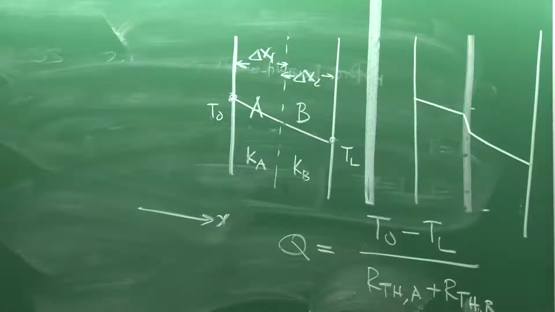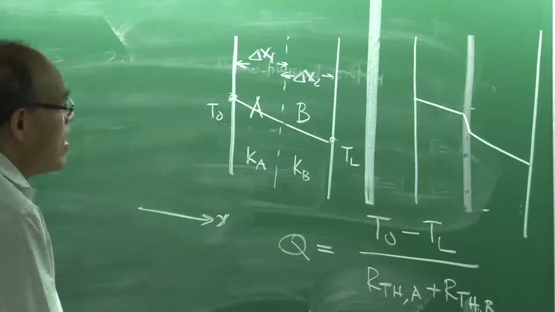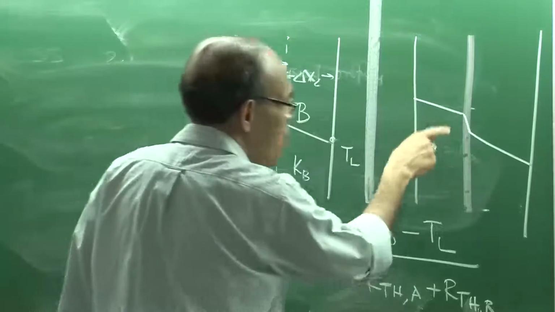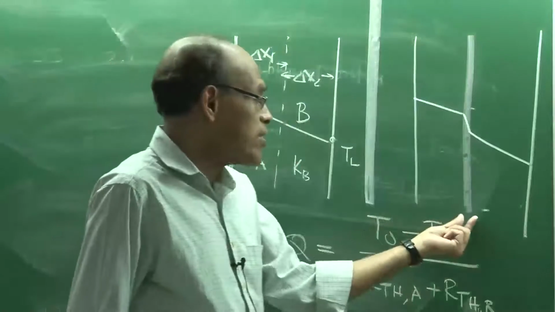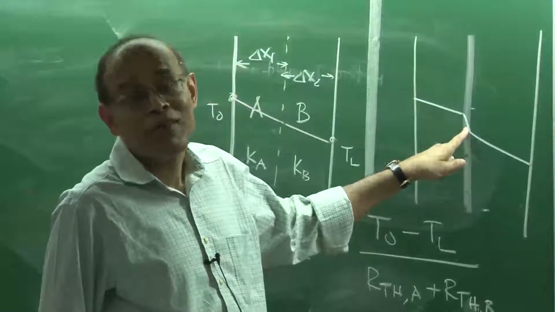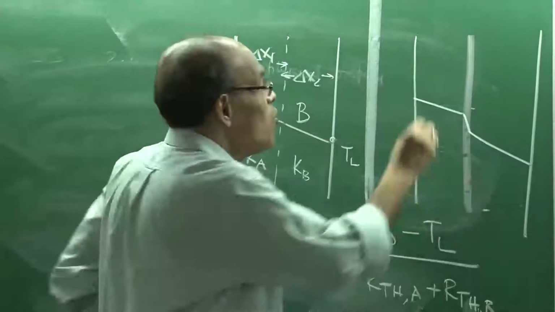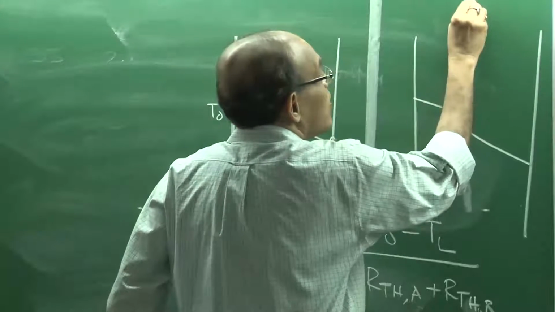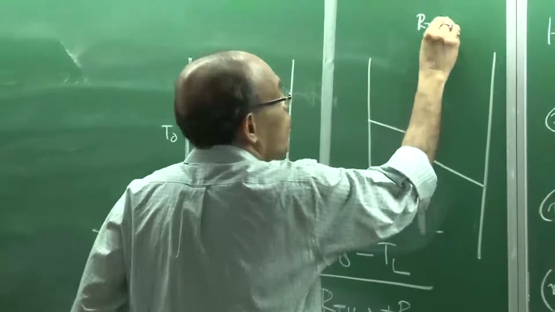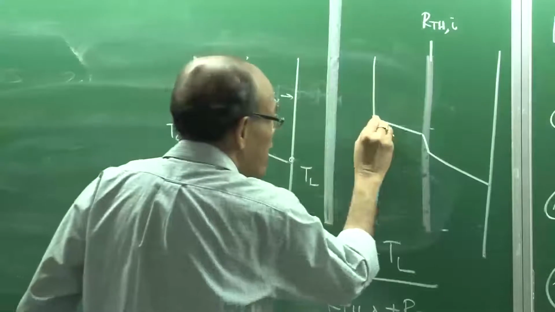That is the kind of temperature drop that really takes place in this particular case. Because there is a drop in temperature at the interface, we assume that there is going to be a finite resistance. This we call R thermal interface.